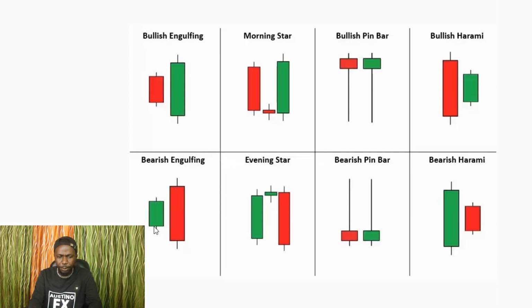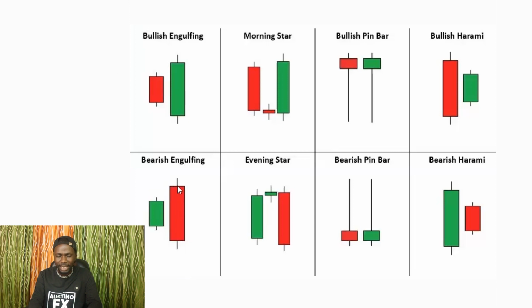Formerly, the market was in an uptrend, making a series of highs, forming green candles consecutively. And when the market got to a resistance level, there was what we call a strong red candle. A red candle appears that closes below the green candle. It now engulfs the green candle. So once you see this red candle engulf the green candle, it tells you that the sellers have stepped into the market.